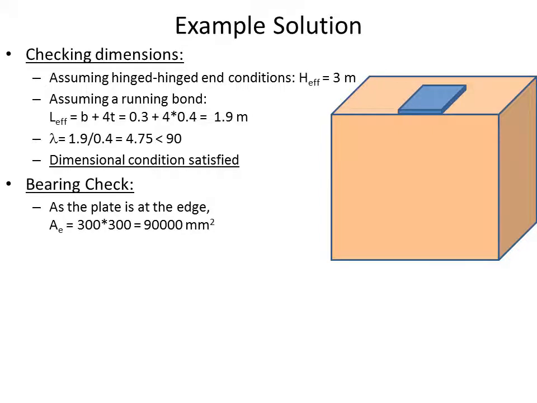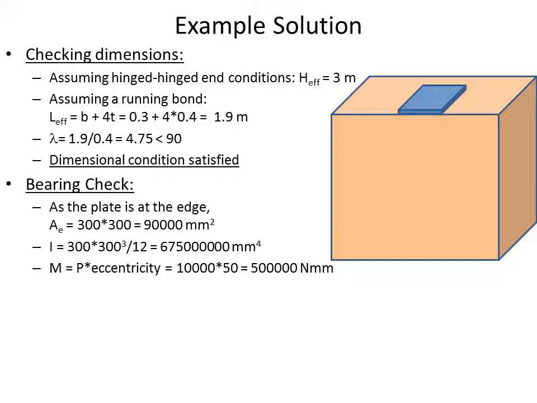The bearing check, A effective is 300 by 300, this is 90,000 millimeters square. I is 300 by 300 cube over 12, so this will give us 675 million millimeter to the power 4.